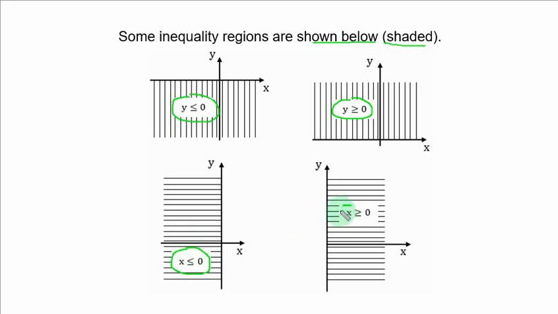And when you have x greater than or equal to 0, you shade the region right of the y axis.